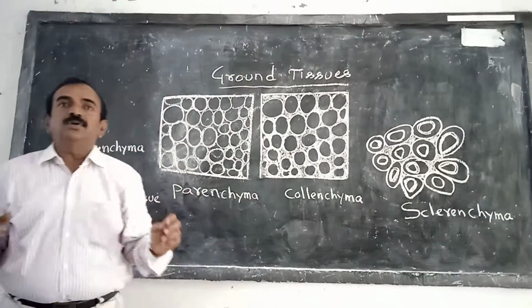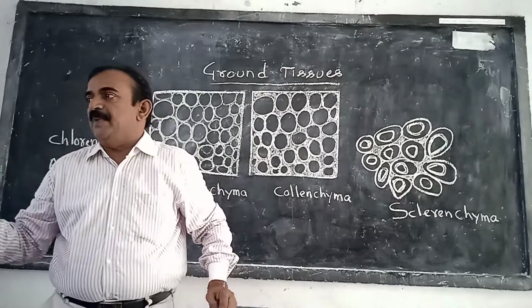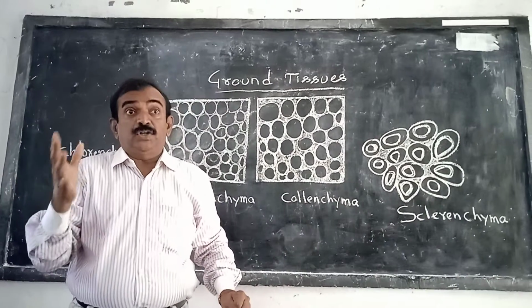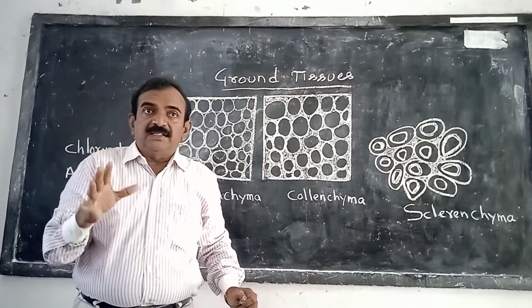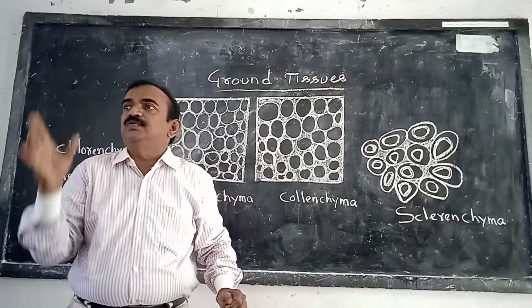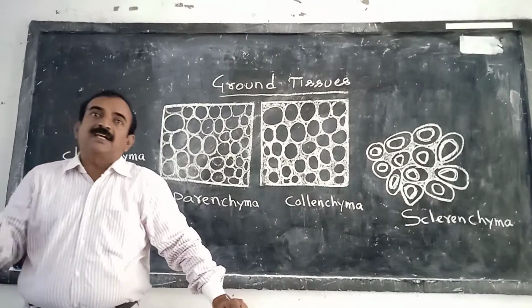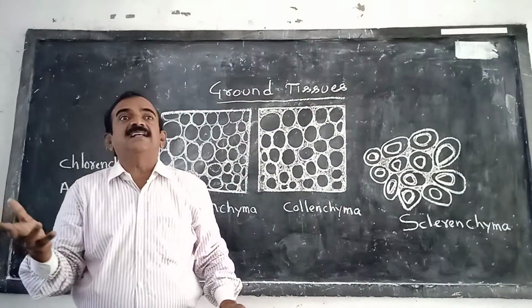Again, I am telling you, ground tissue is the major tissue present in plants. It forms bulk, a large amount. This bulk tissue is useful for storage of food and supports the plant parts, giving mechanical strength to the plant.